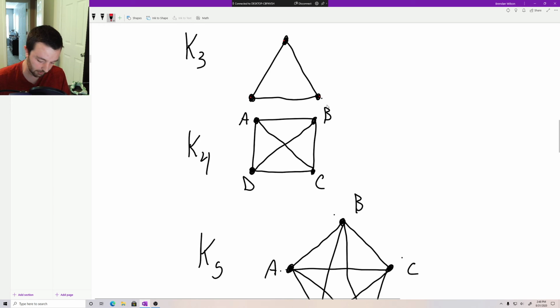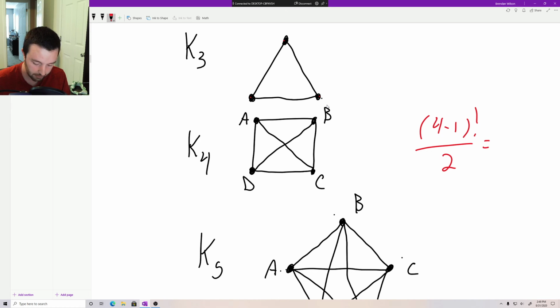Let's think about K4. There should be 4 minus 1 factorial divided by 2. 4 minus 1 is 3. 3 factorial is 6. So there should be 3 unique Hamilton circuits here. So there's A, B, C, D, and all the variations of that, right?